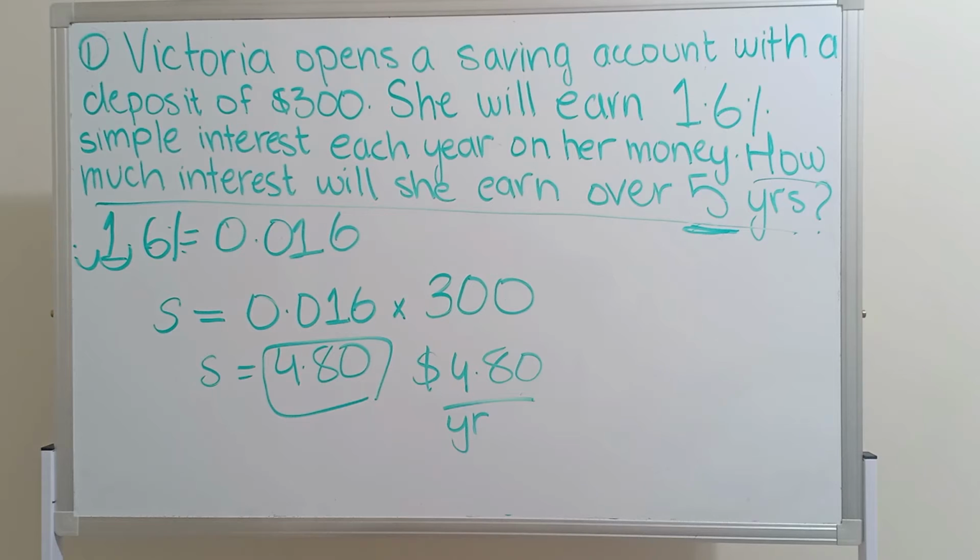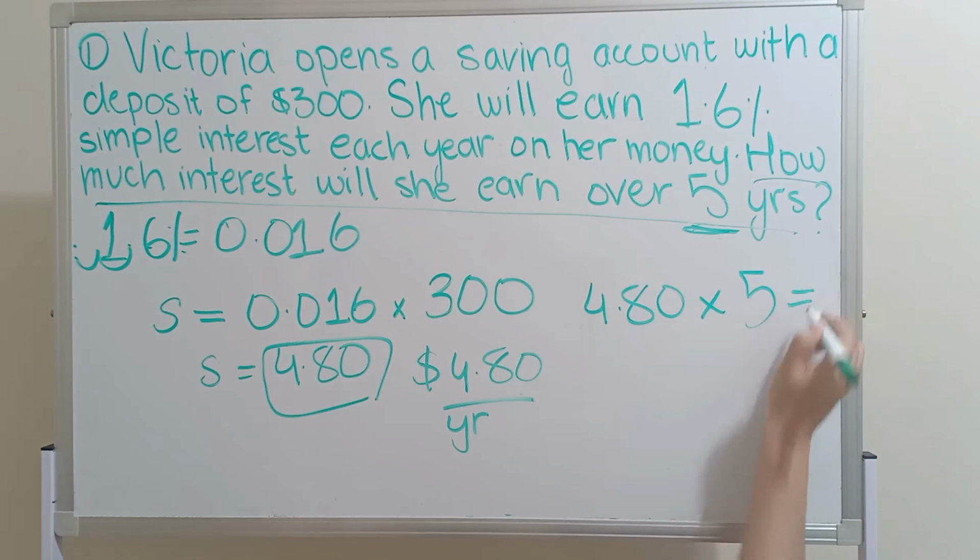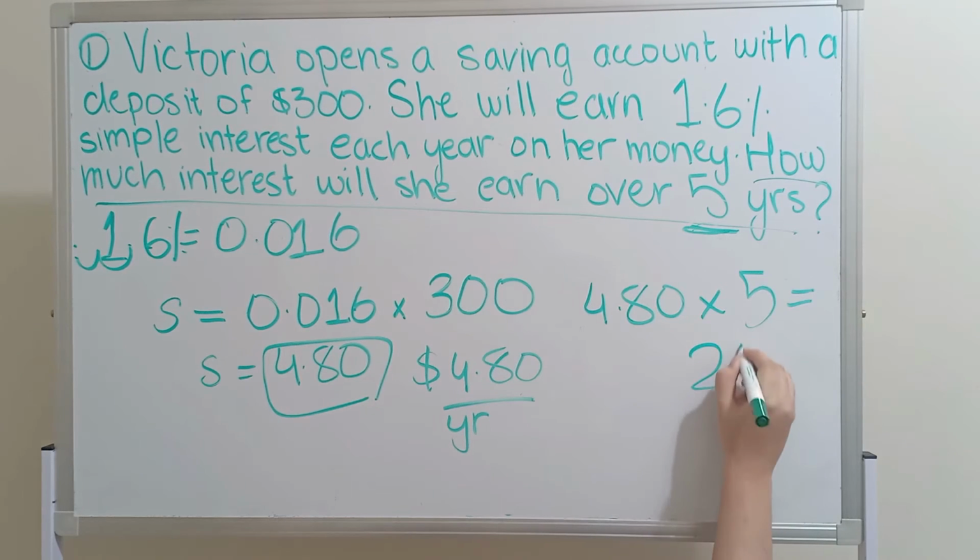So what we do is simply multiply 4.80 by 5. And we will get $24 as our answer. So she will earn $24 in interest over 5 years.